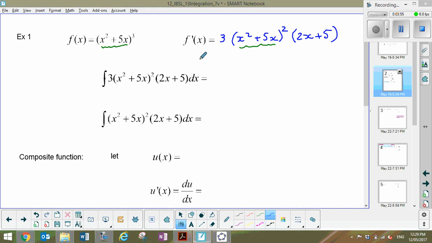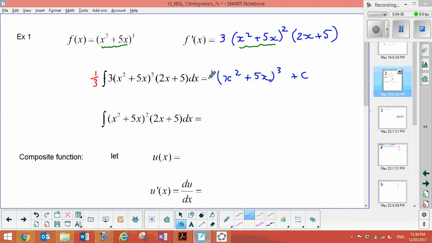So if I want to integrate 3 times (x squared plus 5x) all squared times (2x plus 5) dx, then my answer is (x squared plus 5x) all to the power of 3 plus c. The most I can do to change this is take the 3 out by multiplying both sides by 1/3.